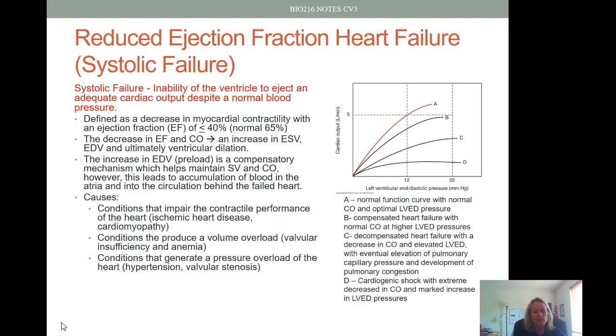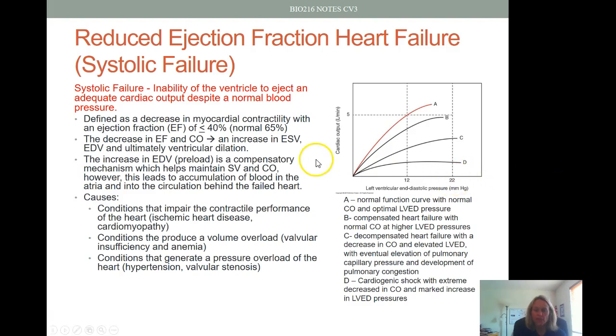So all of those things, volume overload or an increased pressure overload, are going to cause the heart to wear down faster and eventually can cause it to fail. Conditions that impair the contractile performance could be like a myocardial infarction, or like I mentioned, cardiomyopathy. So the heart muscle isn't pumping as effectively as it once was.